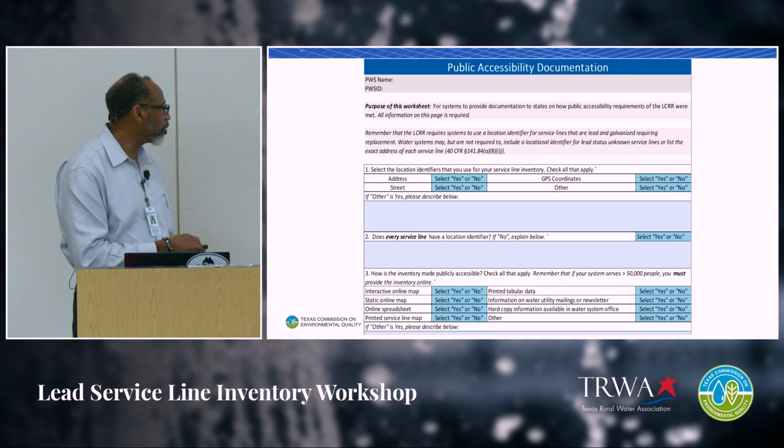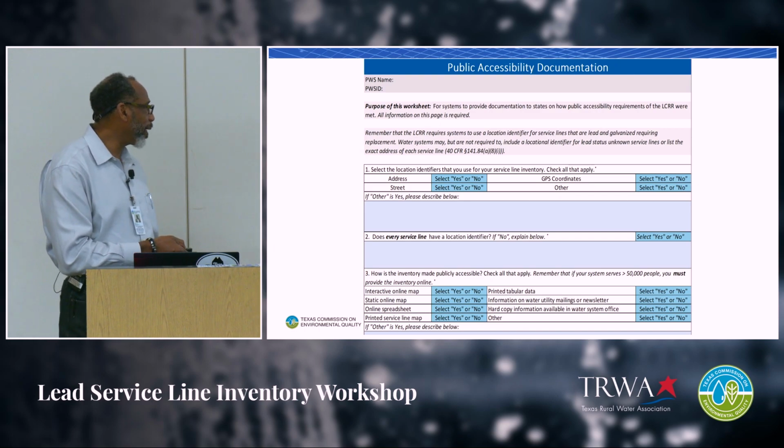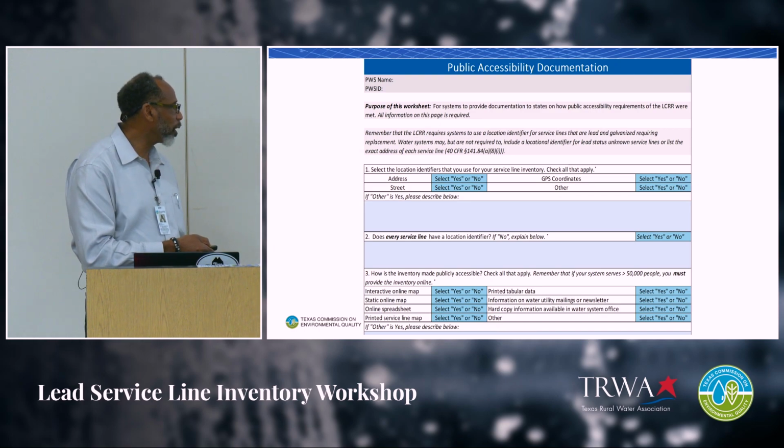So you got an interactive online map, yes or no, static online map, yes or no, online spreadsheet, printed service line map they can come in the office and look at, a printed tablet of data, information on the water utility mailing or newsletter, hard copy information available in the water system office, and then again, if there's something else, you can type it in down here, what the other is.